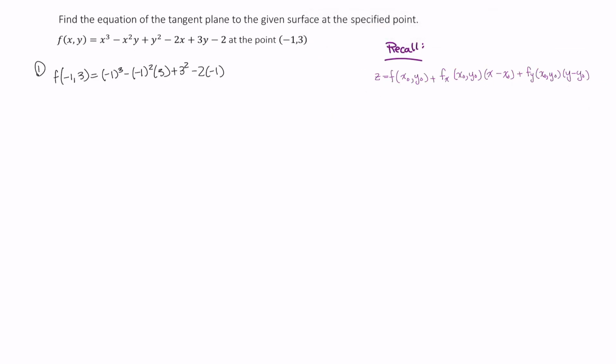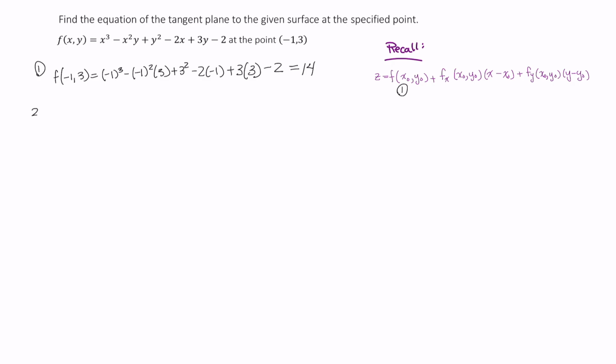Okay, where was I? I was here. Now to that I'm going to add 3 times the y value, which is 3, minus 2. And this works out to be, pause your video and try to work this out. All right, you should have paused your video and obtained a value of 14. Okay, so that's this portion here.